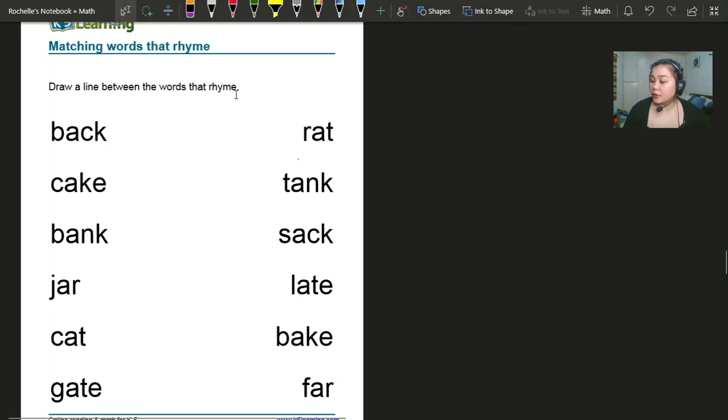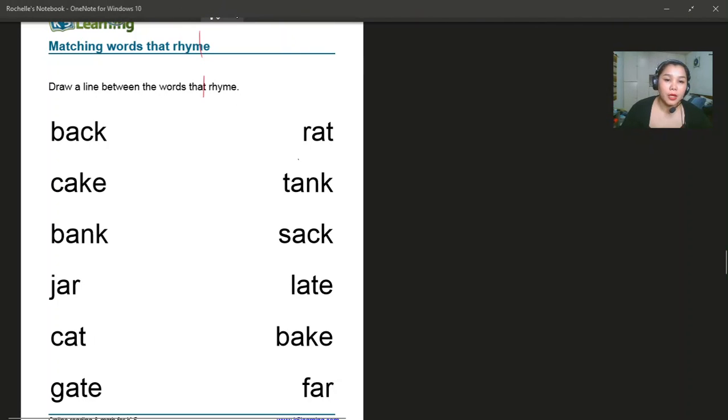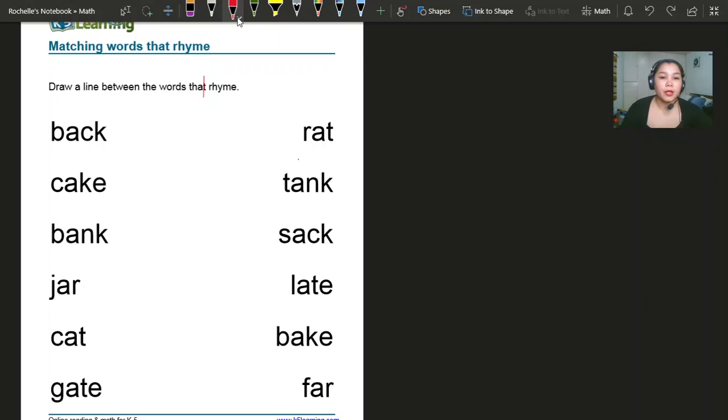Okay, now let's match those rhyming words. I'll use red pen. Okay, back. The word that rhymes with back is sack. Okay, next one we have cake. The word that rhymes with cake is bake.